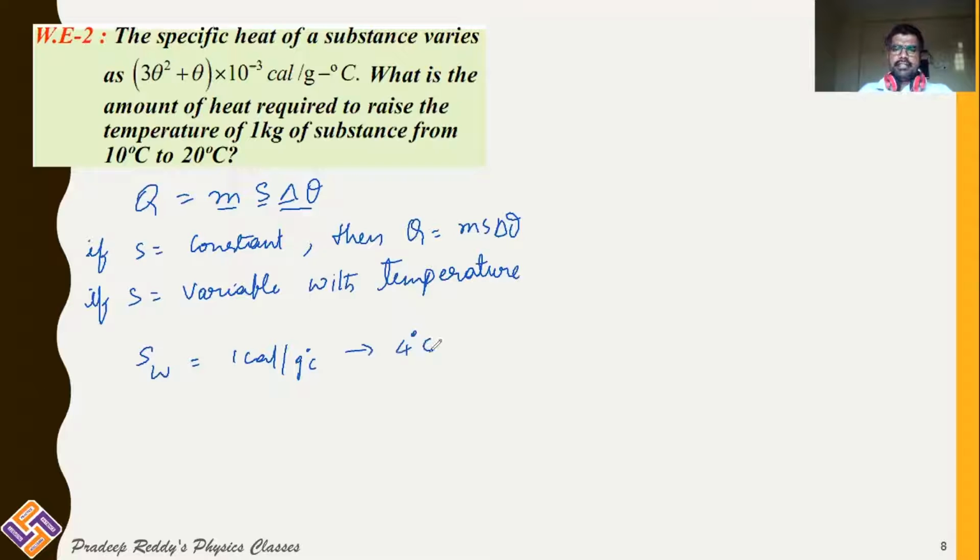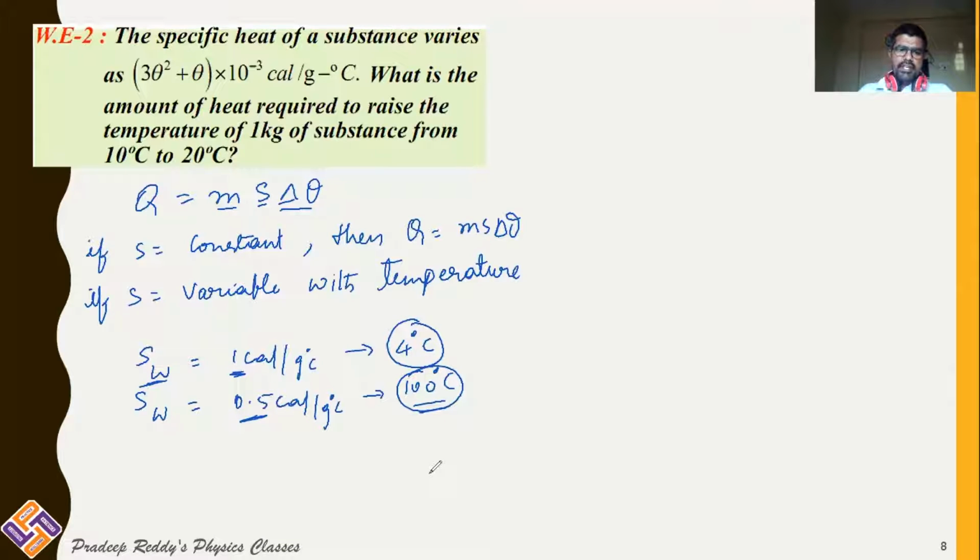Whereas the specific heat of water at 100 degrees Celsius is 0.5 calorie per gram degree Celsius. As temperature is varied, what is happening to the specific heat of the water? It is varying.